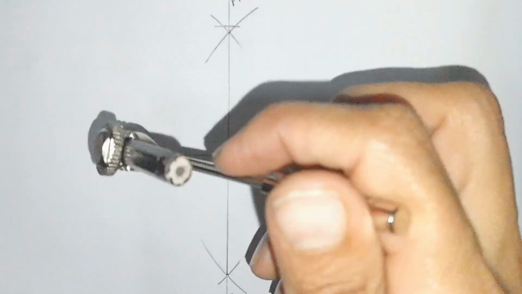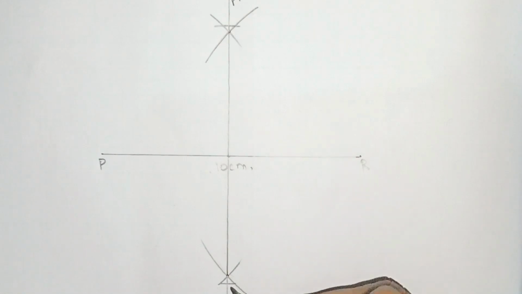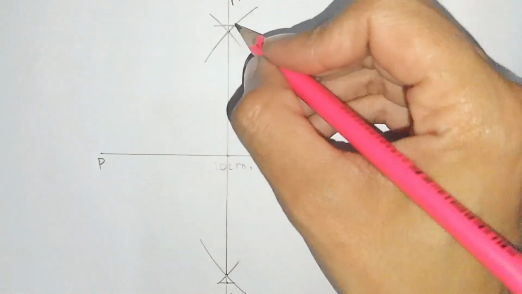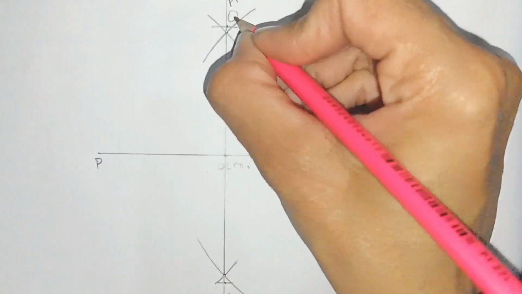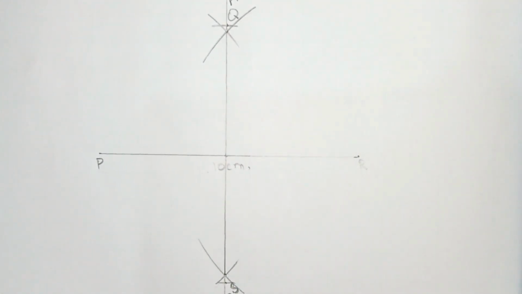Mark at that point, and where it cuts, this is the point Q. One point is Q, another point is S. Now join these points.